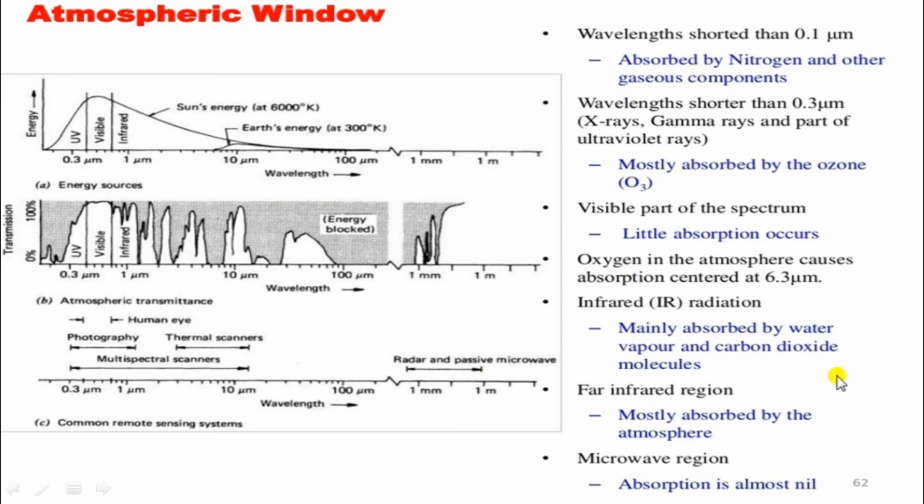Oxygen in the atmosphere causes absorption centered at 6.3 micrometer. Infrared radiation is mainly absorbed by water vapor, carbon dioxide and other molecules. The far infrared region is absorbed by the atmosphere, and microwave region absorption is almost nil, so that wave is very useful in our remote sensing.